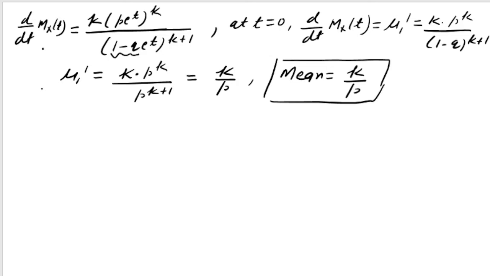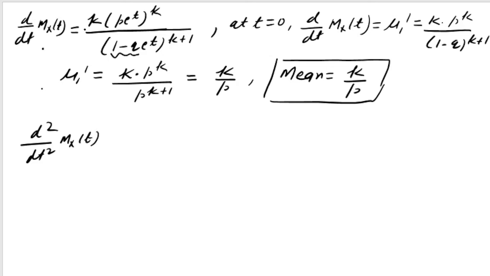We have already completed more than 50 minutes, but anyway it will be a longer video, I told you in the beginning itself. Now the next thing that we have to do is calculate the second order derivative of this to calculate the variance. So we have to calculate d2 by dt square of M_X(t).